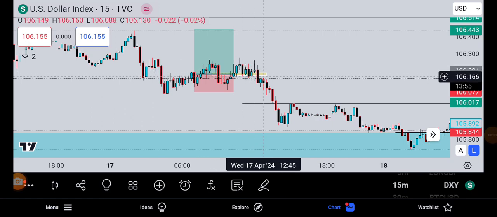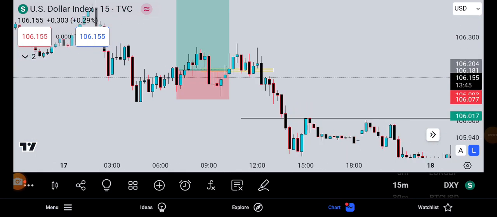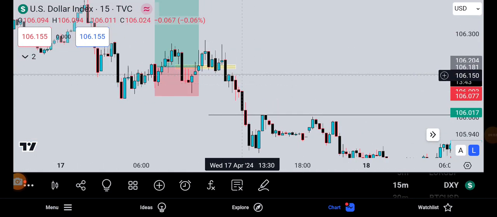We also had this bullish array being disrespected, which was meant to support prices lower. We had fair value gap arrays being formed, whereby we had this fair value gap over here, which was created. The market tapped into the fair value gap, and you can see how it sold off rapidly.